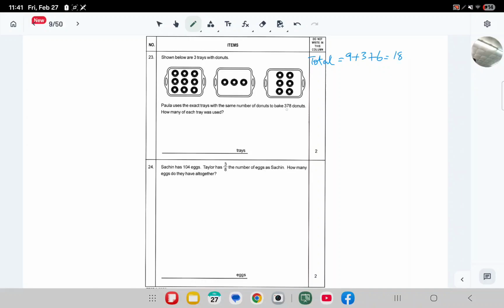And then they said she baked 378 donuts.